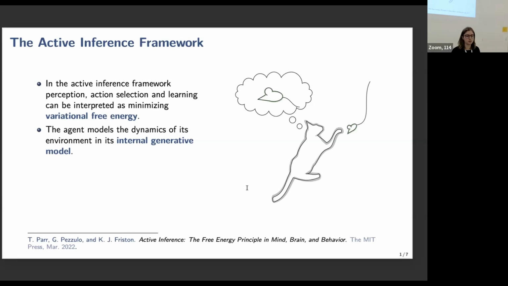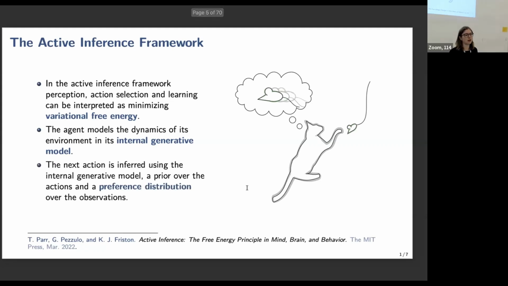This is the perception part. And for action, we can combine the internal generative model with a prior over the actions and a preference distribution. So for example, if this cat would like the mouse toy to move, it would prefer to see the mouse toy move. It can infer the good action for that, and the good action would be to move its paws to slap the toy away so that the mouse toy moves.